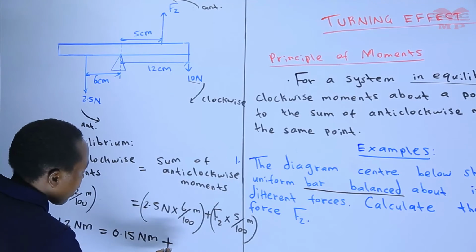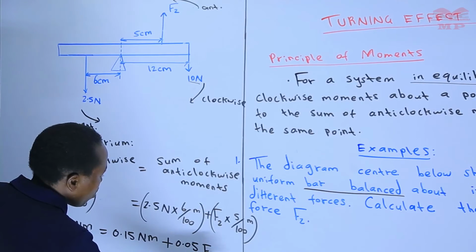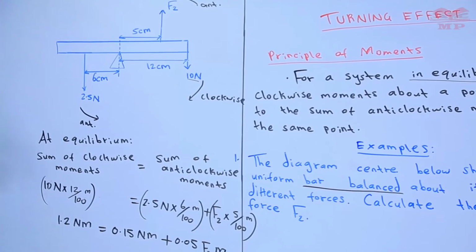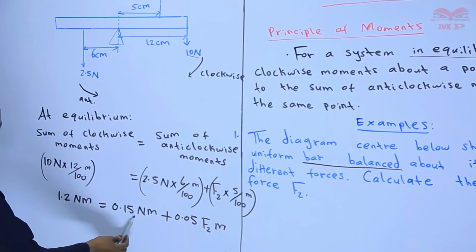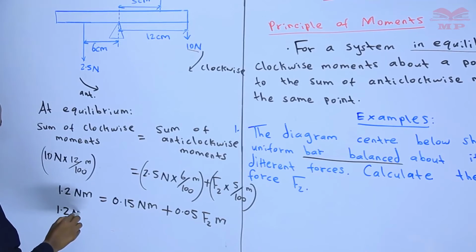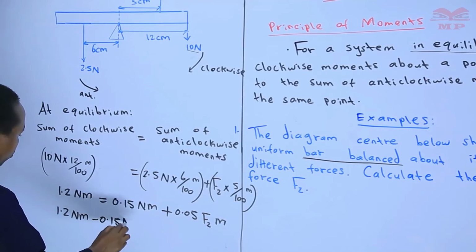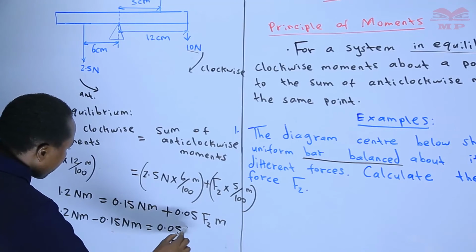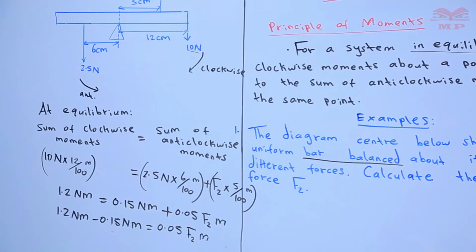That is 0.05 F2 meters. So we want to get the value of F2. So we can bring the like terms together. We bring this to the other side such that we have 1.2 Newton meters minus 0.15 Newton meters is equal to 0.05 F2 meters.